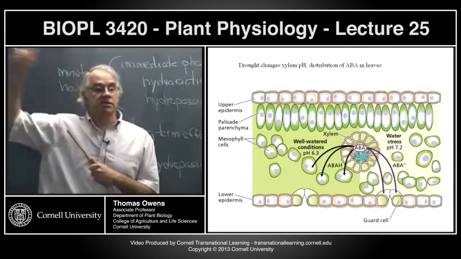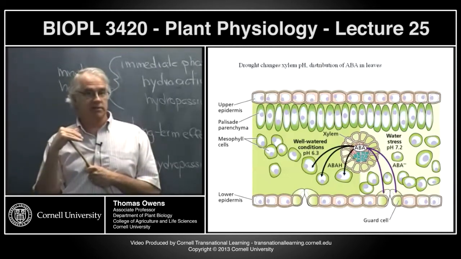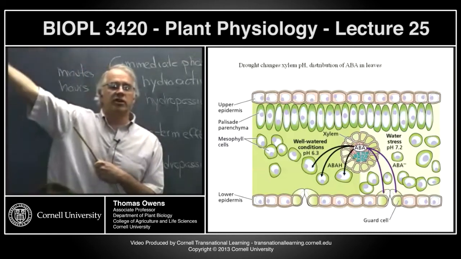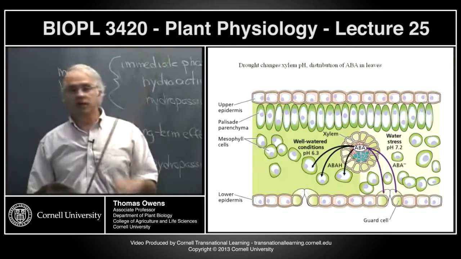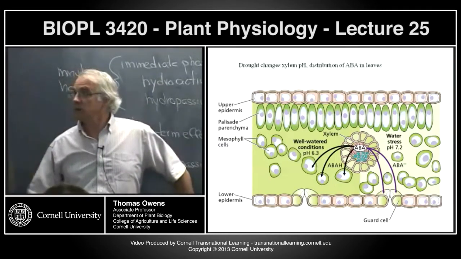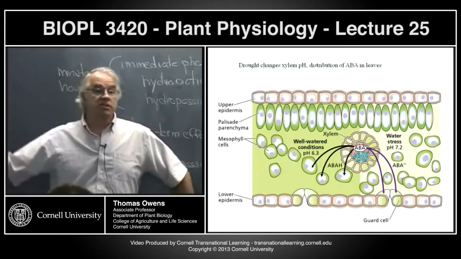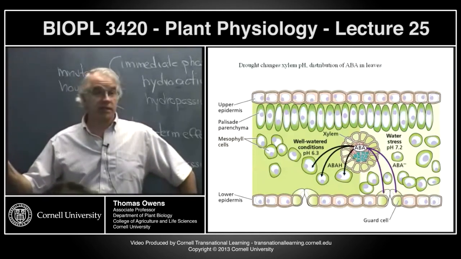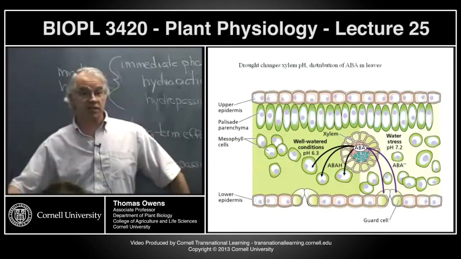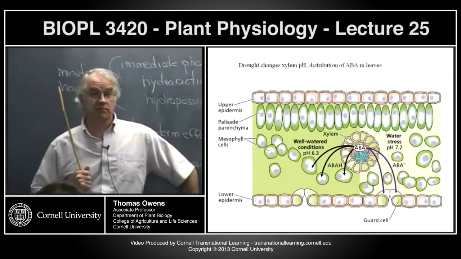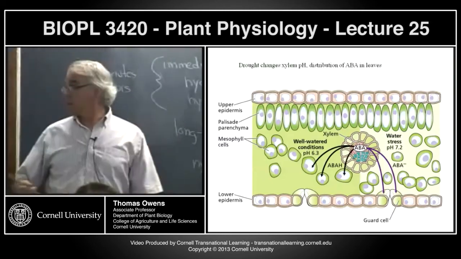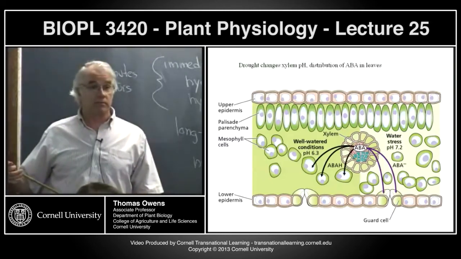So how does this affect stomatal regulation? So let's say that you've got 100 units of ABA that are present in the leaf. Under well-watered conditions, where's most of that ABA going to be located? Inside the cells. And what fraction of the cells in the leaf do the guard cells represent? Pretty small fraction, right? So if all these mesophyll cells are taking up ABA, then the guard cells aren't going to see very much of it.